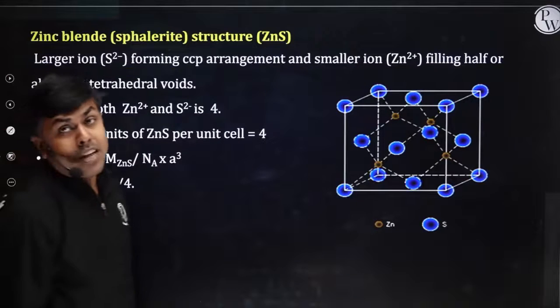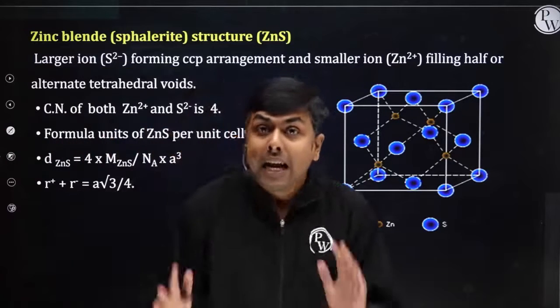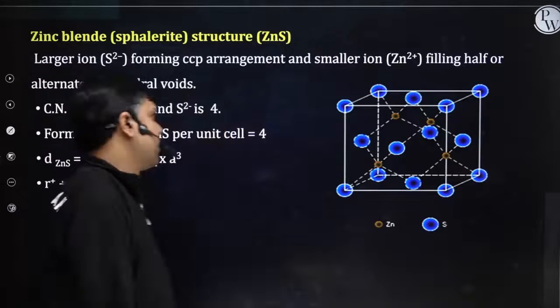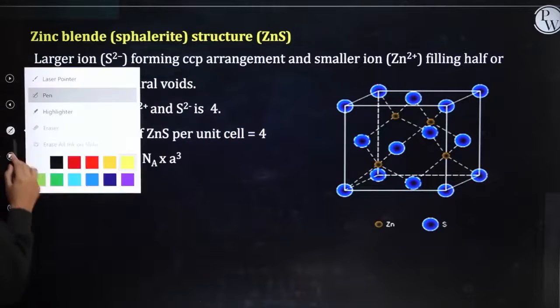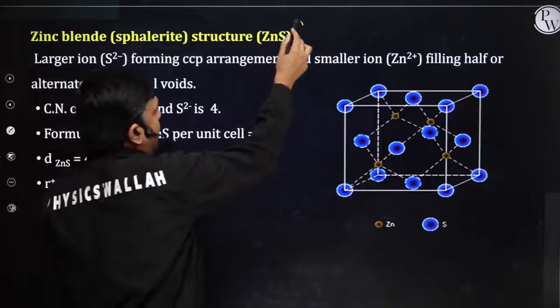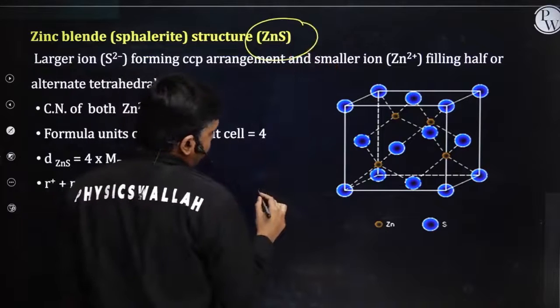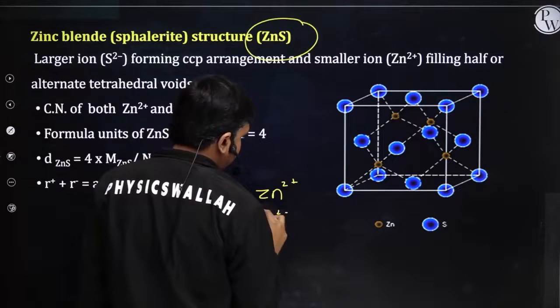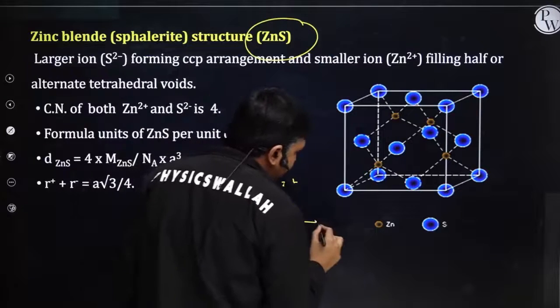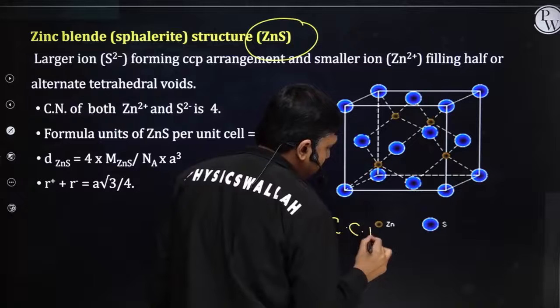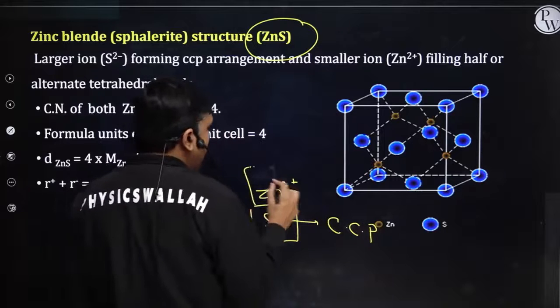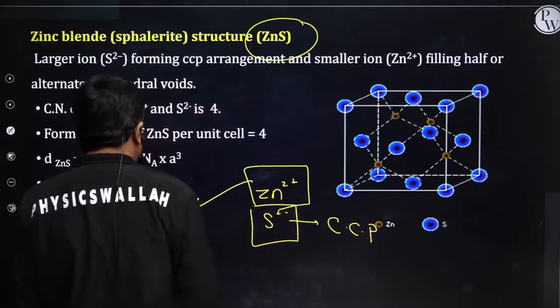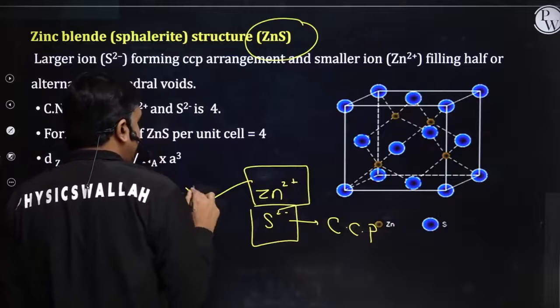The next type of AB structure that we have to study is zinc blende structure. Zinc blende structure. Student, ZnS structure. Here, the cation is Zn plus 2, anion is S2 minus. Here also the anion occupies CCP lattice, whereas the cation Zn2 plus is placed in ATV.